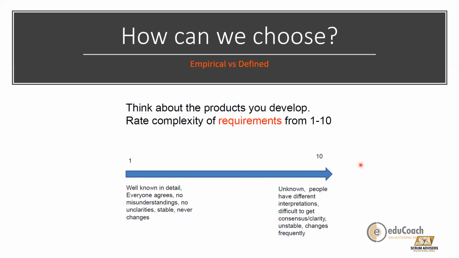And on the other end of the scale is unknown requirements or unknown scope. People have different interpretations. It is difficult to get consensus and clarity, it's unstable, and changes are frequently required. So different scales. At the one end, we have everything defined properly. And at the other end, we have things which are uncertain. The scope is uncertain and expected to change over time.